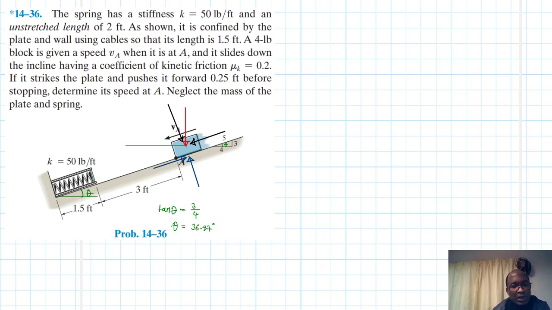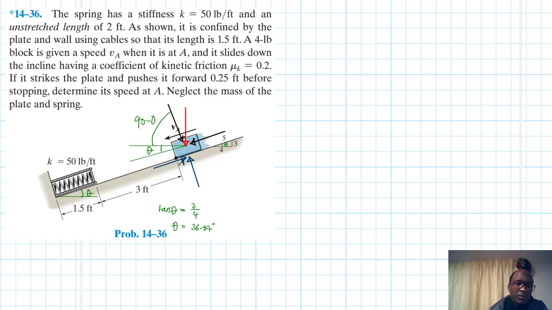So there we go. We have that one there, and this incline, like so. This angle here we are saying is theta, and if it's theta, this one here is 90 minus theta, therefore this becomes theta also.